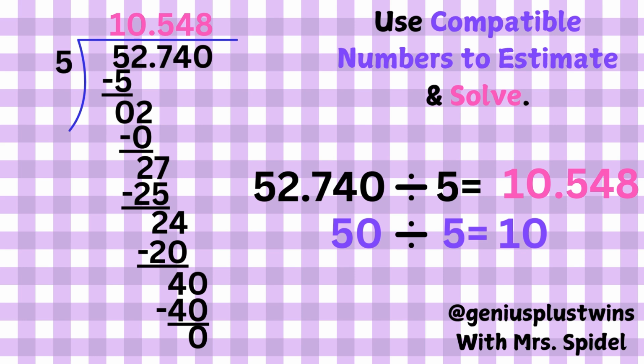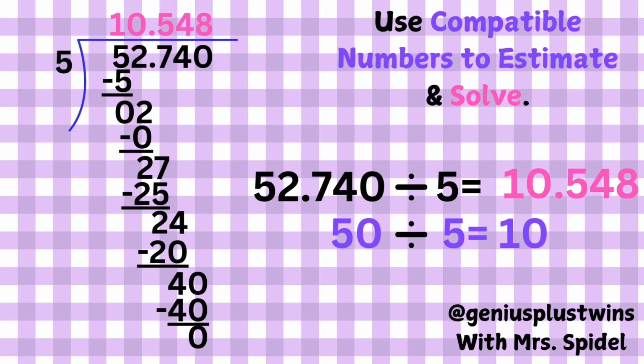The next part is extremely important. I need to place my decimal directly above where it is in the question onto the answer line. After I do that, I can bring down the 7 and place it next to the 2. I know that 5 times 5 equals 25, so I will put a 5 up on my answer line, and I will place 25 underneath the 27.